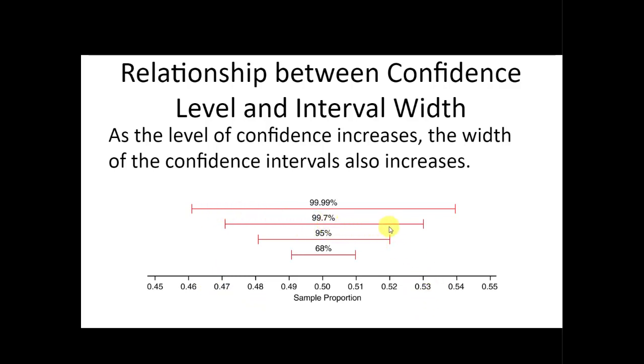And we can also say this really wide interval, that we're almost 100% sure, 99.99% sure, that although we think the population proportion is 50, we're pretty confident it's between 46% and 54%. Really, really, really sure. Notice this 99.99 practically covering up the entire number line.